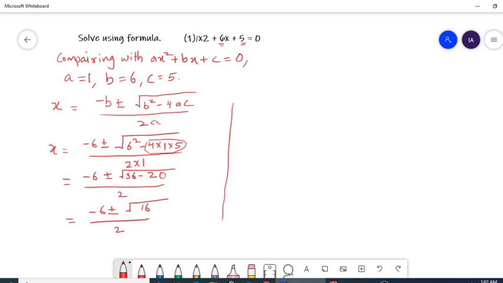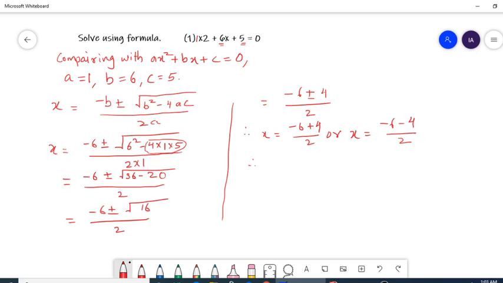Now further we can take minus 6 plus minus root 16 is 4 upon 2. So therefore x equals to minus 6 plus 4 upon 2, or x equals to minus 6 minus 4 upon 2.